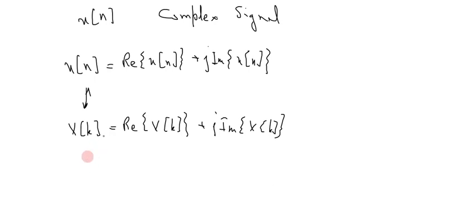If you have a complex signal x of n, you can decompose it into a periodic conjugate symmetric part and a periodic conjugate antisymmetric part.